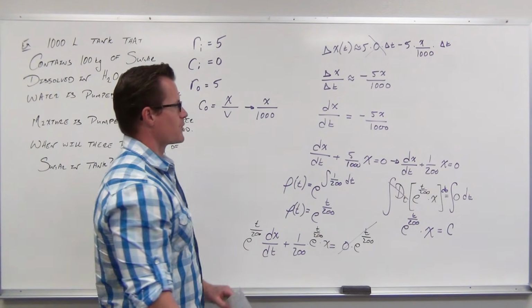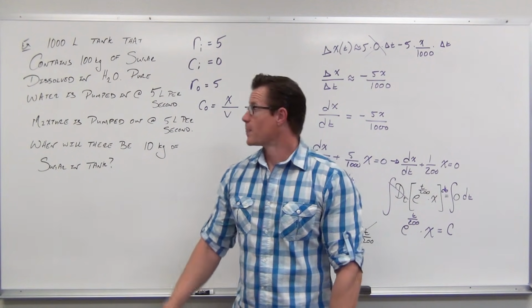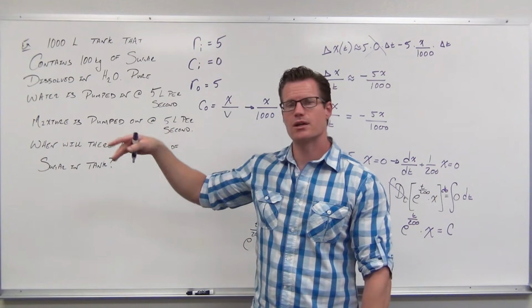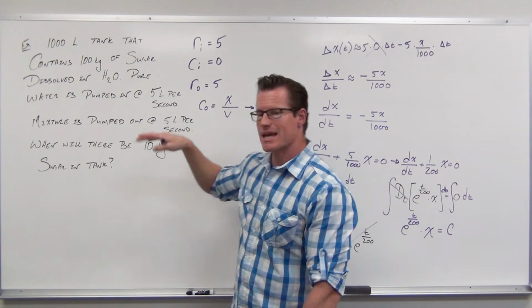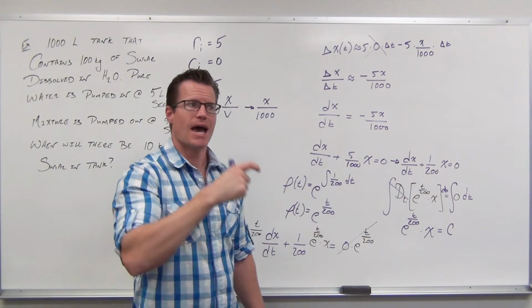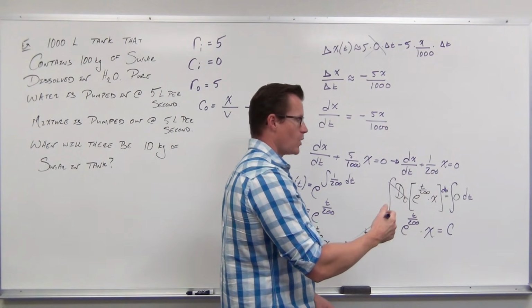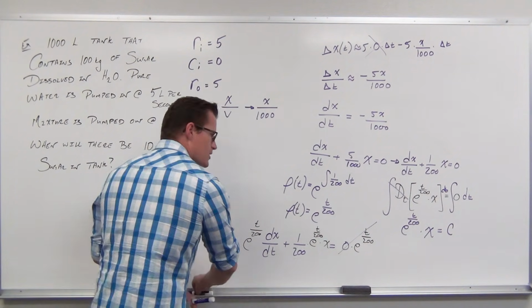Now it's about time for us to use an initial value. Like I'm not giving an initial value. You sure are. The very first sentence says a 1,000-liter tank that contains 100 kilograms of sugar. So at the start, that's what this x of t means. This x of t means how much sugar is in there at a certain amount of time. So for us, at time 0, we have 100 kilograms of sugar. So remember what we're doing.